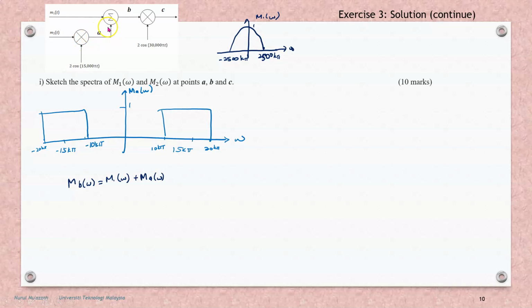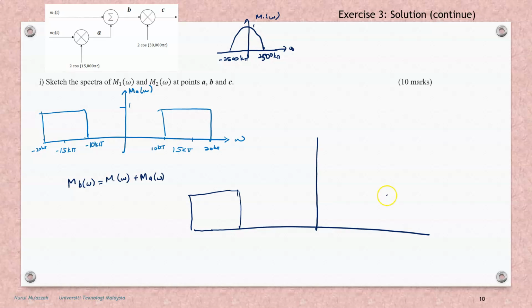If the arrow shows minus, then you have to subtract that signal. But this one has no sign, meaning that it is a normal summation. So the plot becomes like this, in which you have to draw both signals M_A(omega) and M1(omega).